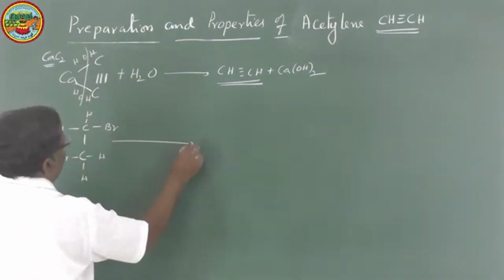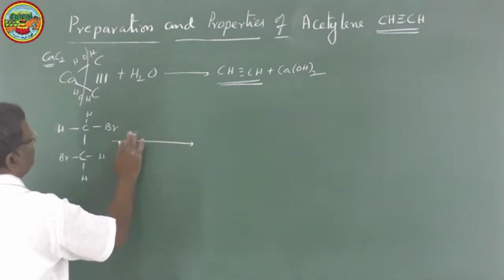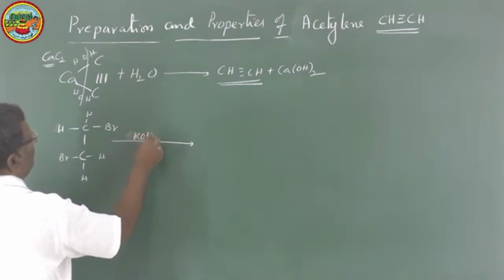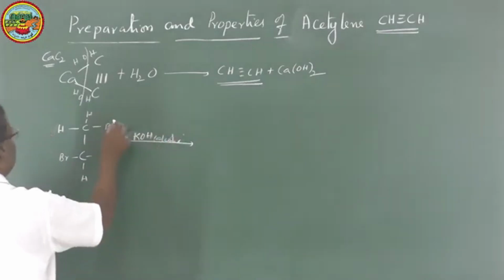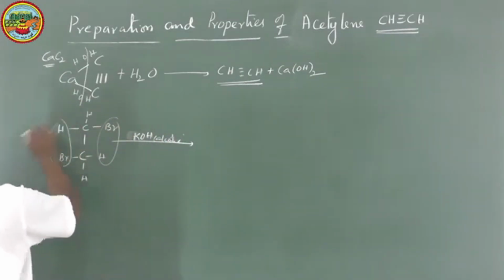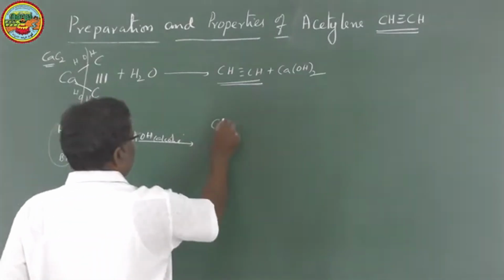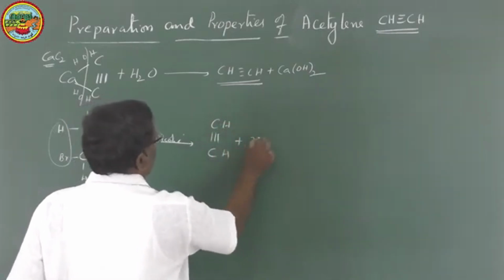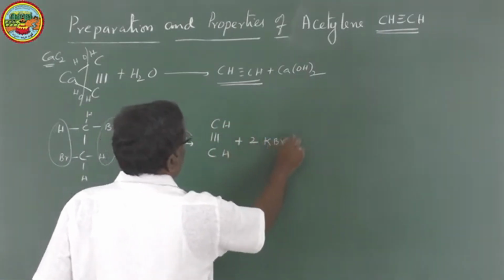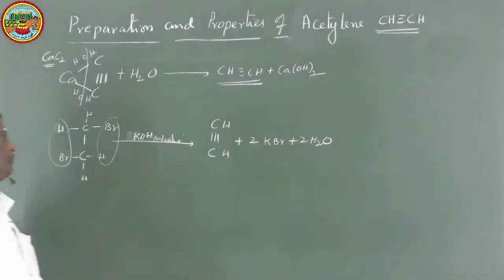When we react it with alcoholic KOH, two HBr from adjacent carbon atoms will be removed to form acetylene: CH triple bond CH plus 2 KBr plus 2 H2O. That was 1,2-dibromoethane.